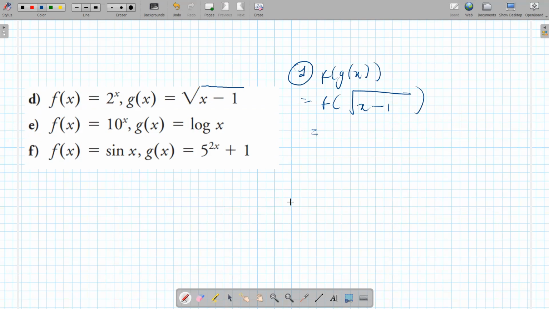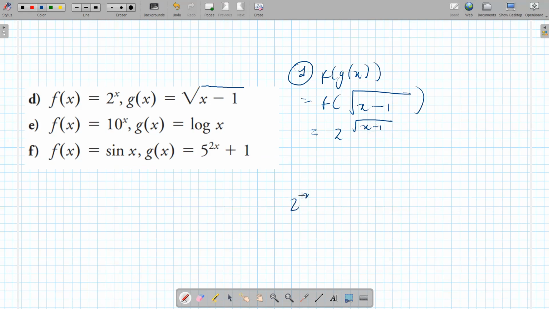If f of x is 2 power x, what's f of g of x? Replace this x with what you have in the bracket. 2 to the power of square root of x minus 1.